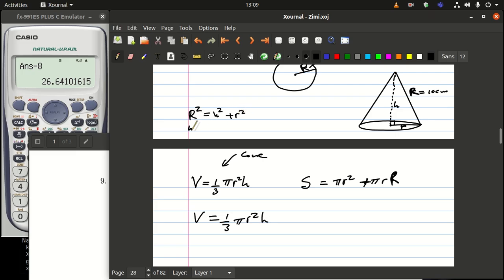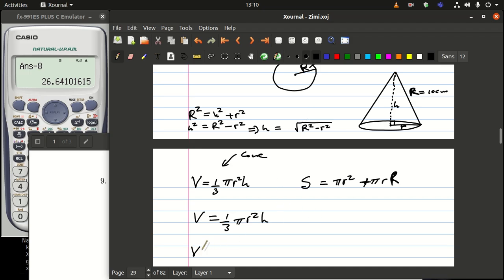In other words, h squared must be equal to R squared minus small r squared, or simply put, h is equal to plus or minus the square root of R squared minus small r squared. But h is the height, so the height is always positive, so we are only having the positive.